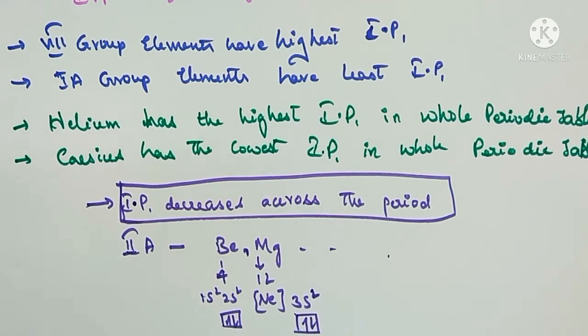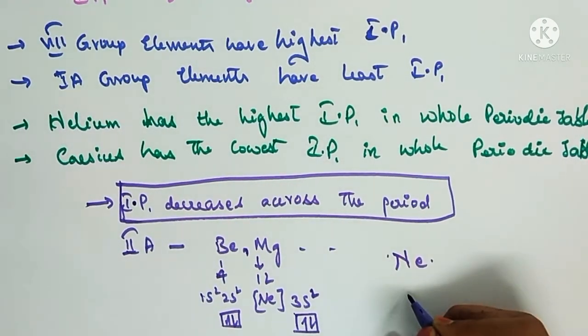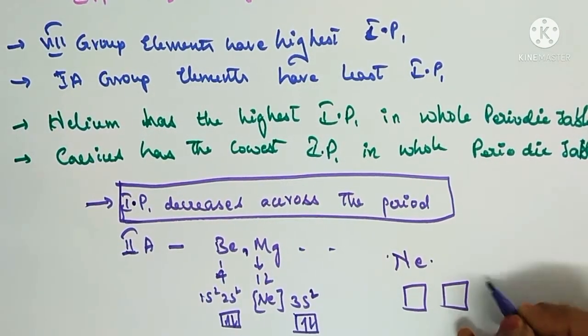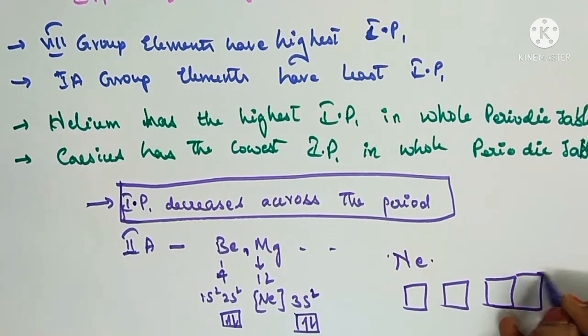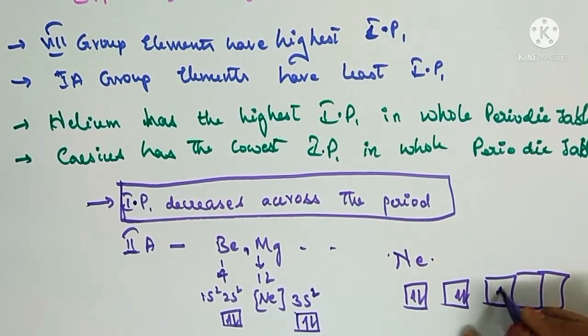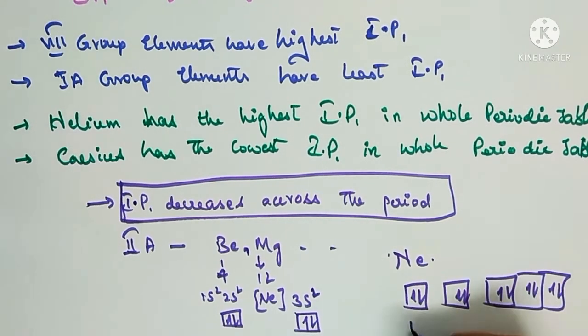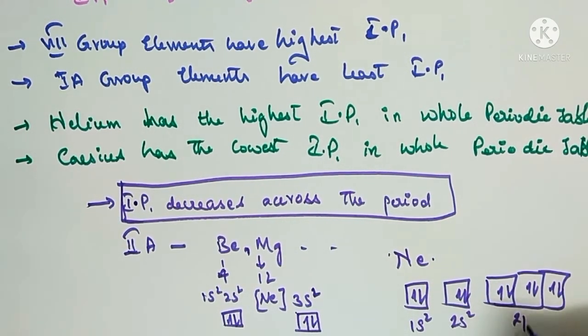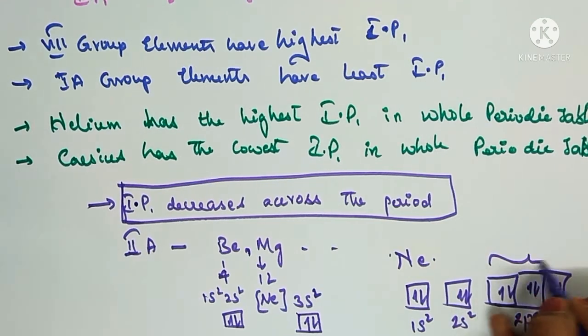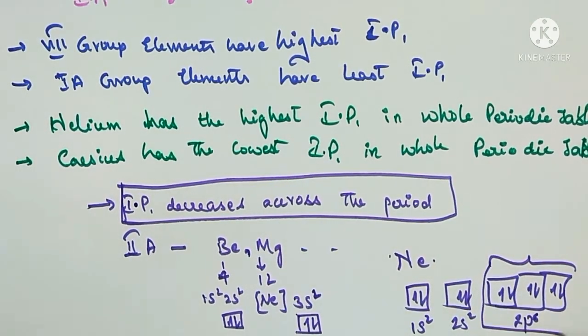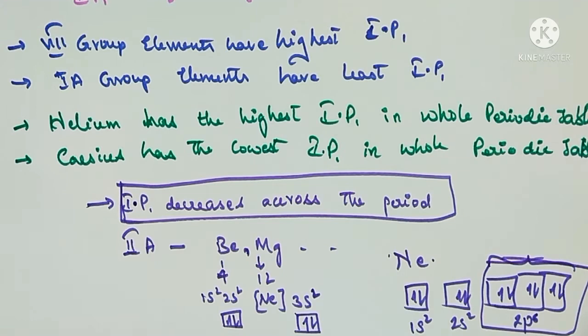So as it is completely filled, the removal of an electron from this will be harder. That's the reason why the removal of an electron from the noble gases is even harder. Like neon has 1s2, 2s2, 2p6, which is completely filled, so the removal of an electron will be harder.